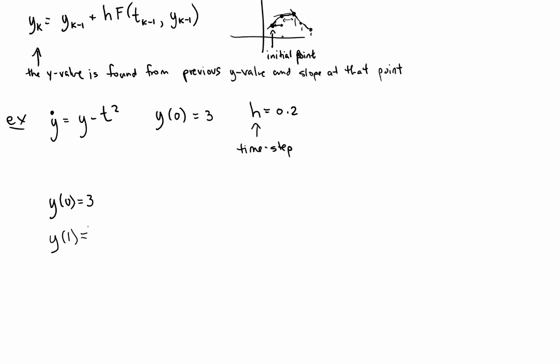So to find the next y value, we take the original y value. I'm using the equation at the top. And then we add in the time step times the function evaluated at the previous point.